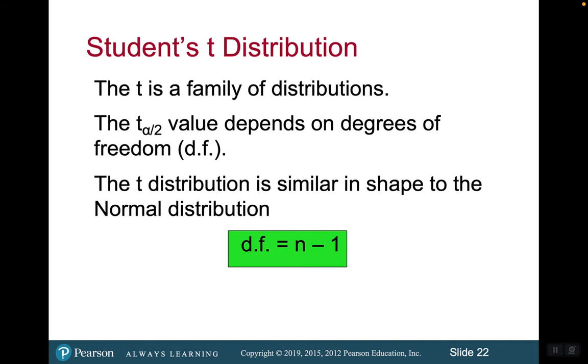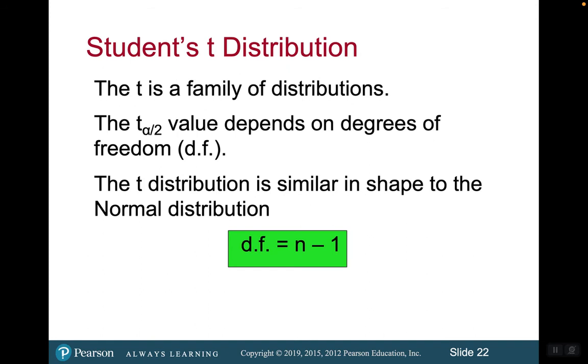So what is student's t-distribution? It's a family of distributions. As we talked about earlier, there are all sorts of different distributions. What we've been focused on over the course of the term, in large part, is the normal distribution with its characteristics. The t is just another family of distributions, and its shape depends upon what we call the degrees of freedom.